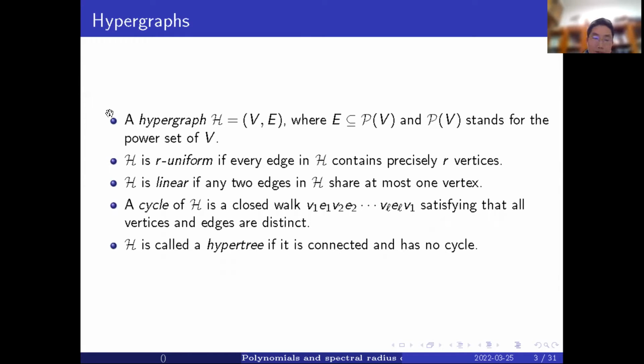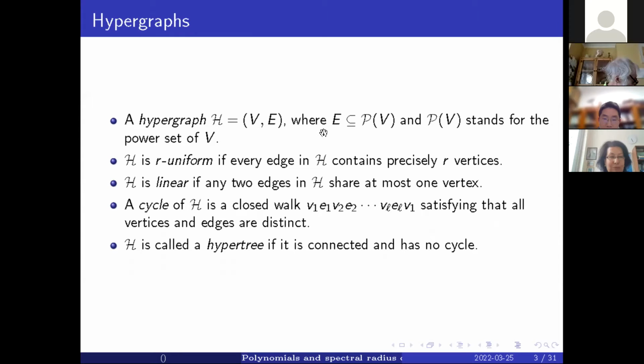First, some definitions. A hypergraph consists of its vertex set V and edge set E. The edge set is a subset of the power set of the vertex set.